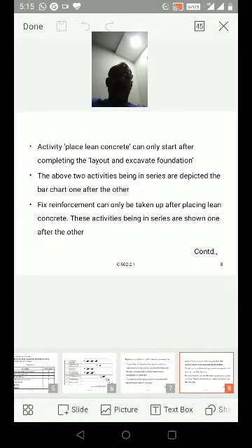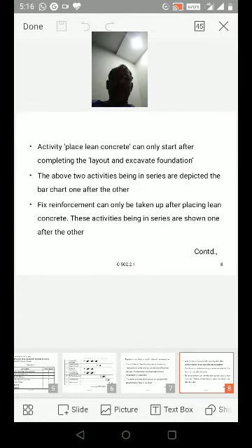The above 2 activities being in series are depicted in the bar chart one after the other.